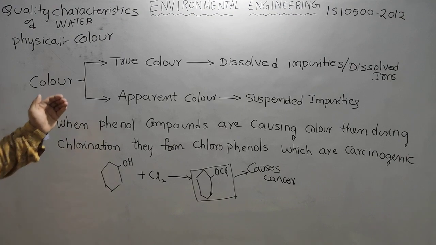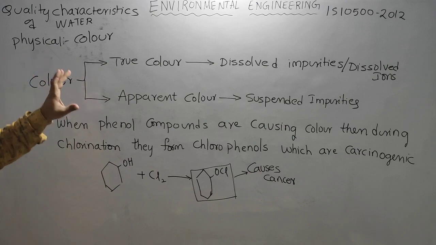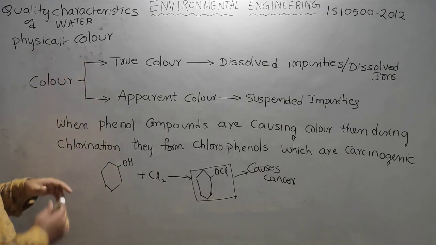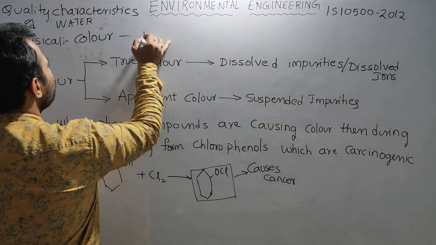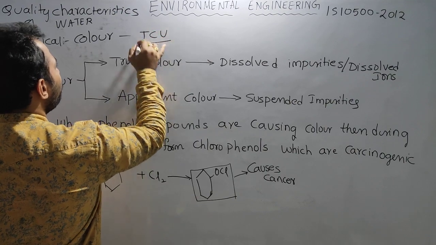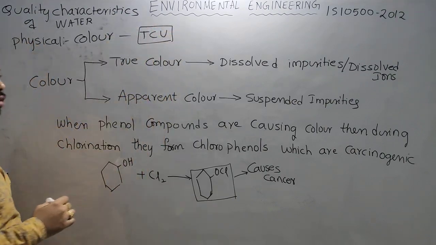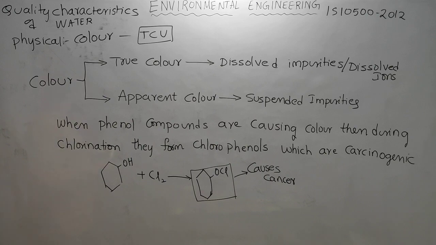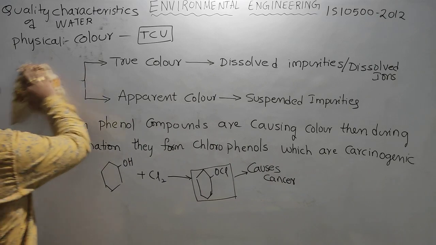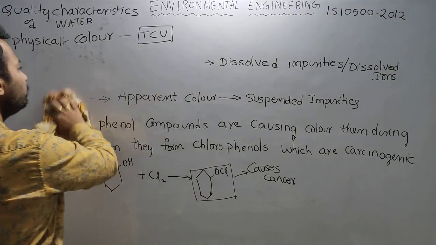So let us go ahead and learn what is meant by true color. True color only we measure, so the unit of this color is the true color unit. What is meant by true color unit, let us discuss.